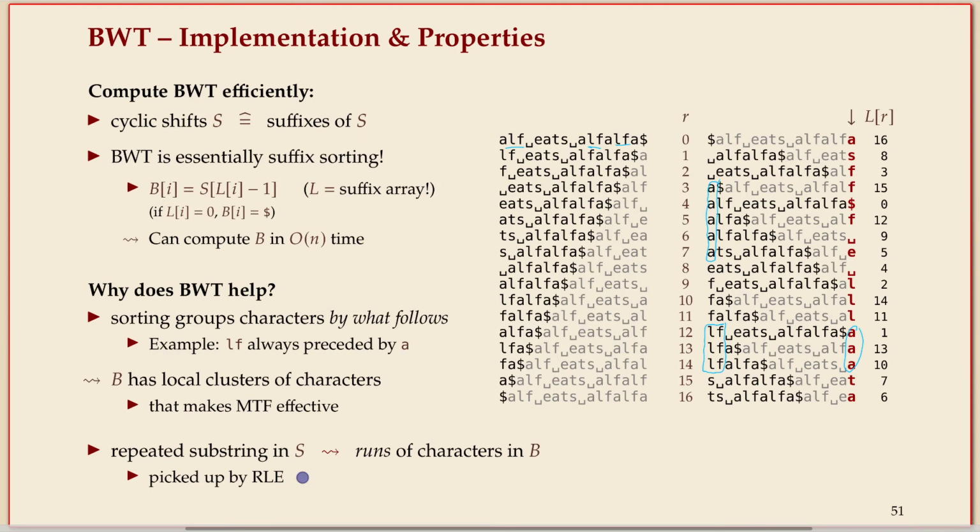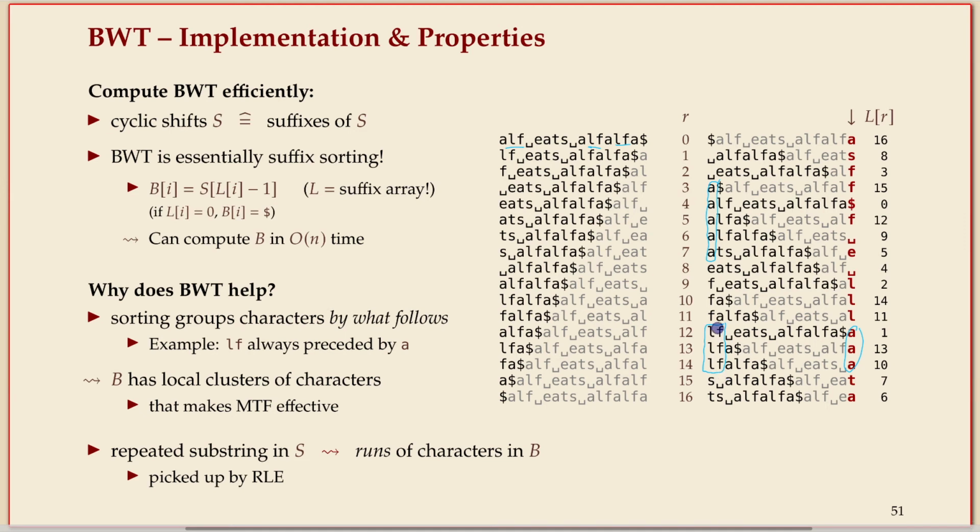And the other way around, if you have a repeated substring in S, some exact repetition of a string, that inevitably means there's repeated runs in the BWT. That's the example of LF, for example. The repeated string is ALF.